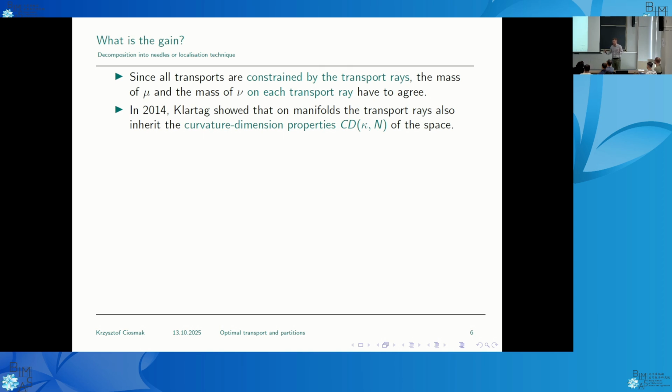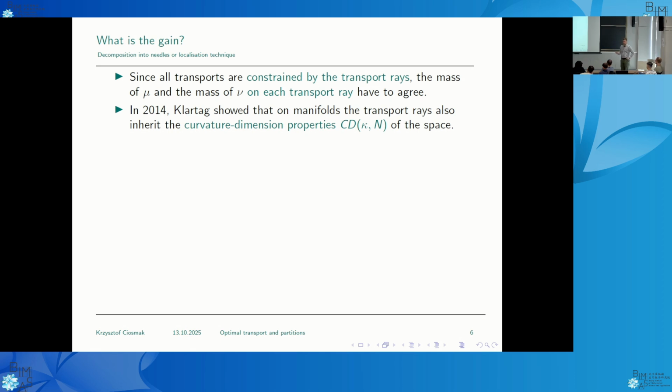If you have a manifold, or more generally a metric measure space, then it enjoys this curvature-dimension property, intuitively speaking, if the Ricci curvature of the space is bounded from below by kappa, and the dimension of the space is bounded from above by capital N. This curvature-dimension property in metric measure spaces was introduced by Lott, Sturm, and Villani. Metric measure spaces are simply spaces which are metric and equipped with some measure.